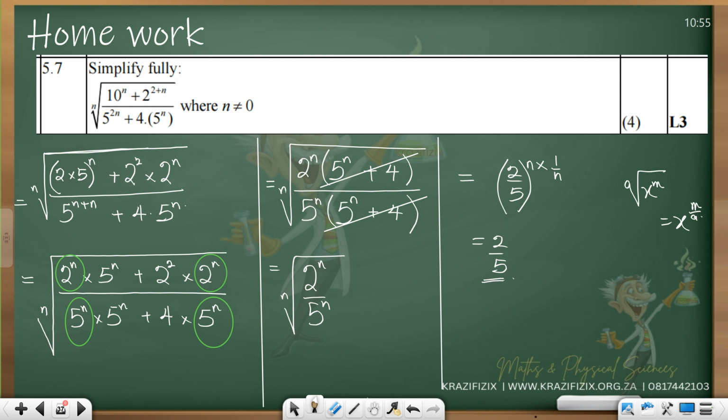Did that question make sense to you? Please, I'm going to need your responses so that we can move together. Did it make sense? Interesting. 4 marks. I've actually seen something like this in a grade 12 paper. So whatever you're doing now, please take note.